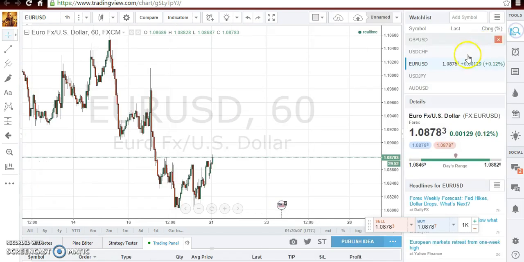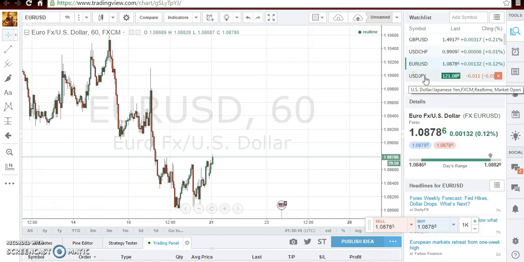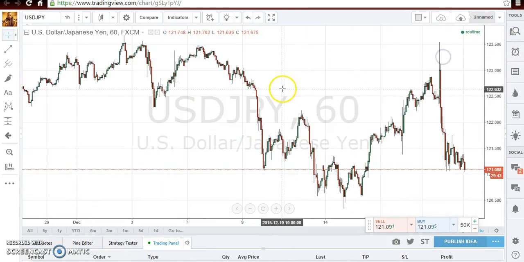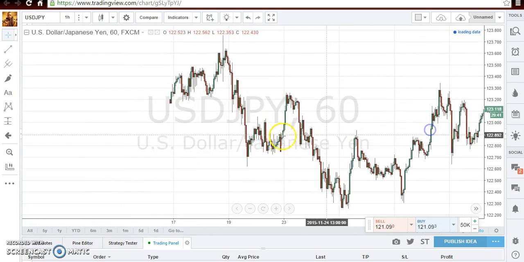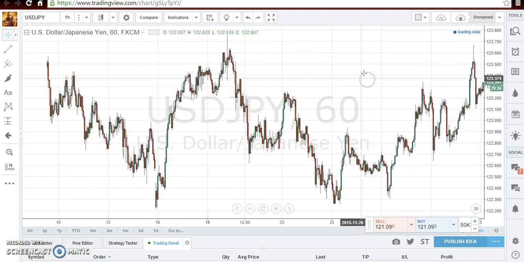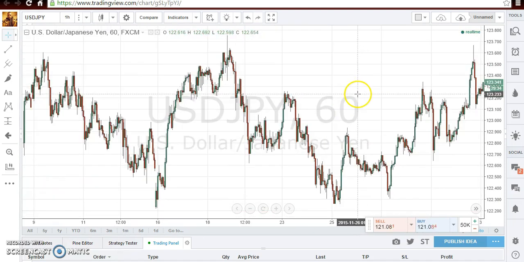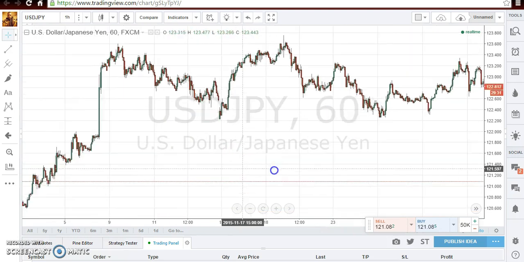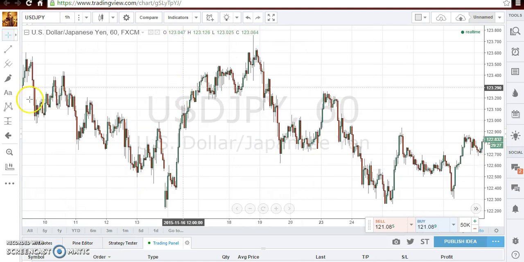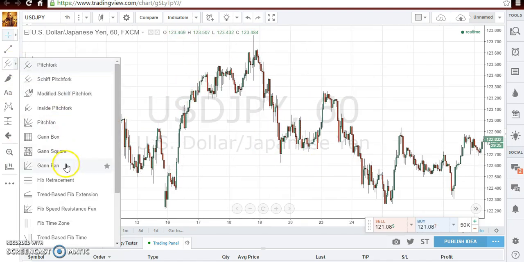I'm actually going to flip over to the US dollar against the Japanese yen, and try and see if I can find a Cypher pattern. Okay, I think I've got something that looks like a Cypher pattern right there. So let me go ahead and bring in my Fibonacci tool and see if it is a Cypher pattern.